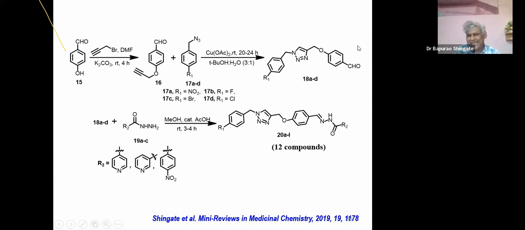These triazole-based aldehydes were subjected to condensation reaction with different types of acid hydrazides like isonicotinic acid hydrazide, which is a drug directly, nicotinic acid hydrazide, as well as para-nitrobenzoic acid hydrazide in methanol by using a catalytic amount of acetic acid, resulting in the corresponding hydrazones.